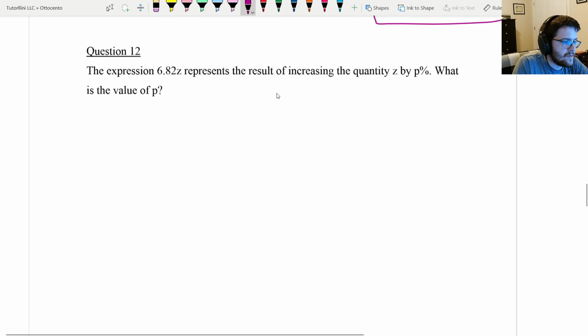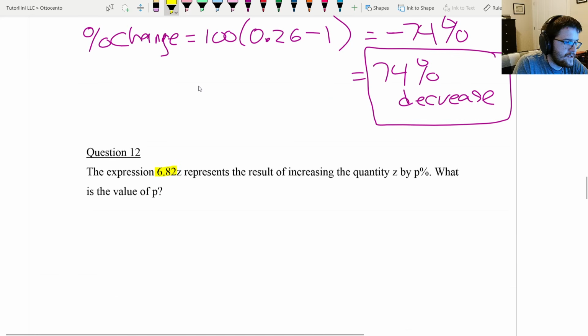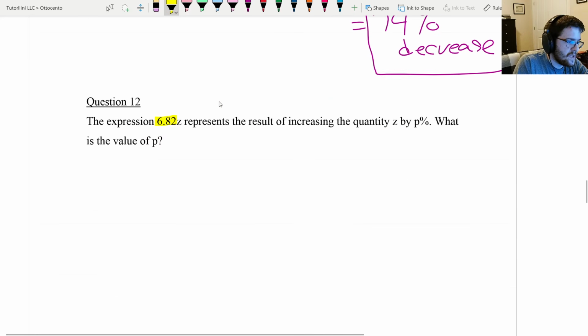All right, same thing with number 12. We got a multiplier, and this guy is bigger than 1, so I bet it's asking me for an increase. It is.